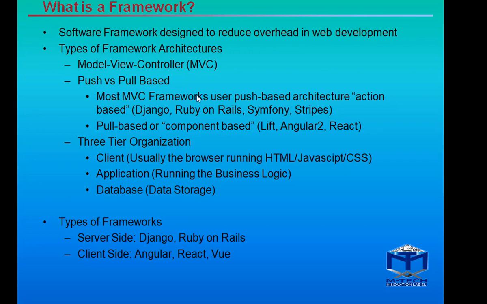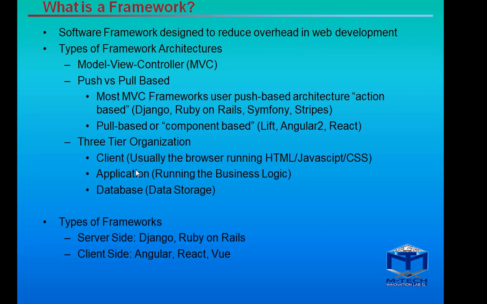Most MVC frameworks use push-based architecture, action based, for example Django, Ruby on Rails, Symfony, Stripes. Push or component based, like Lift, Angular, React. In pull, the format requests data from the server.